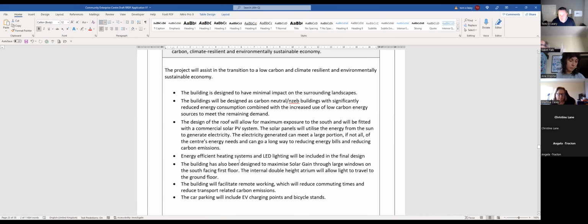They were putting in energy efficient heating systems and controlled heating systems within the building, and sensored LED lighting so there was no lighting left on.